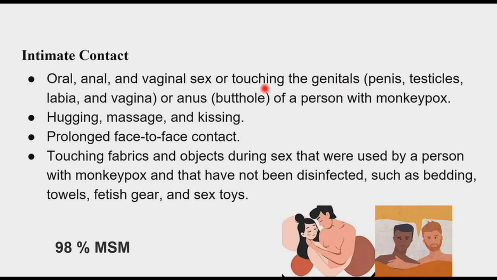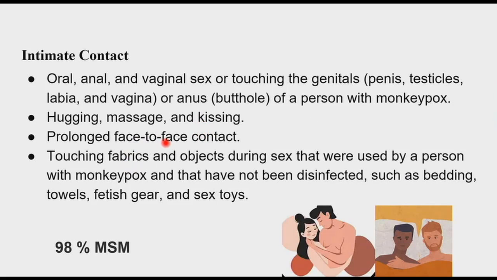So it is already known that oral, anal, and vaginal sex, or touching the genitals or anus of a person with monkeypox, will transmit monkeypox. Also hugging, massage, and kissing.